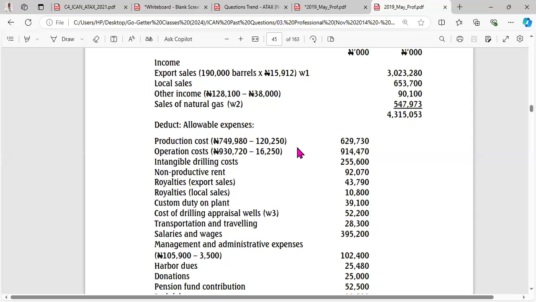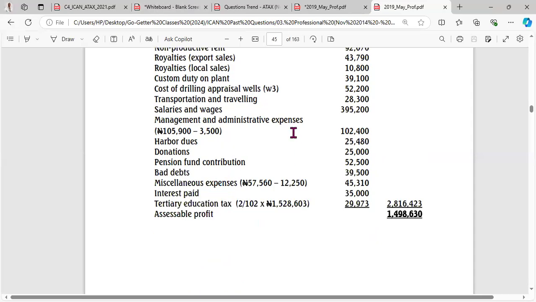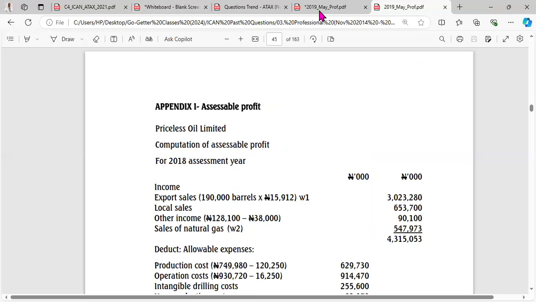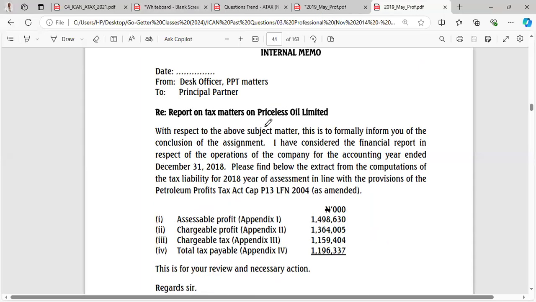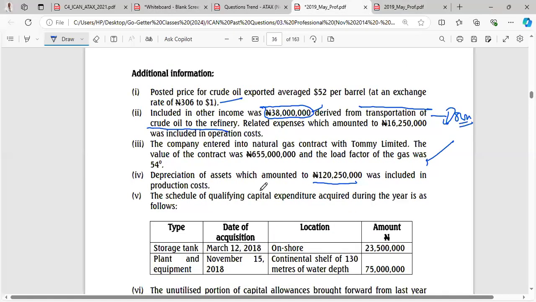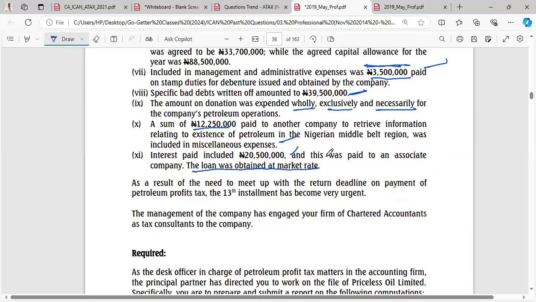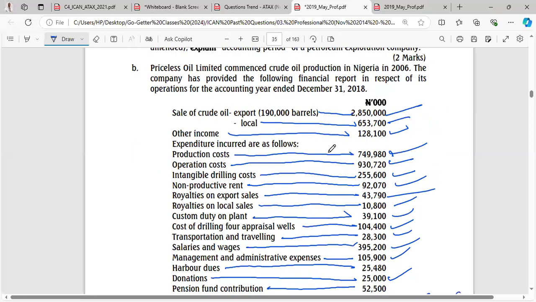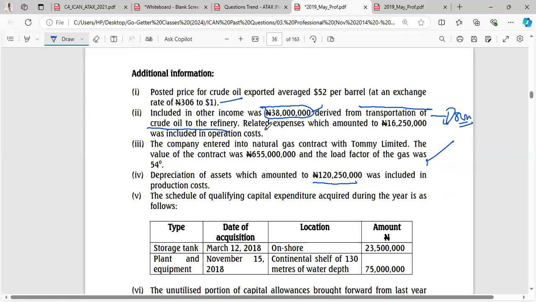16,250. Where is that 16,250 coming from? There was no 16,250 anywhere. Okay, related expenses.